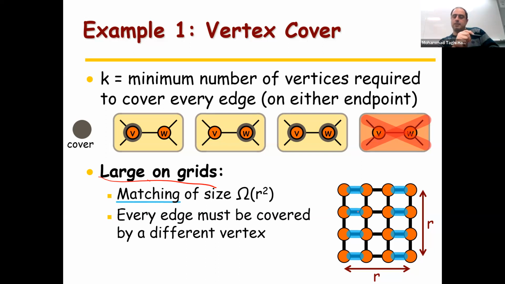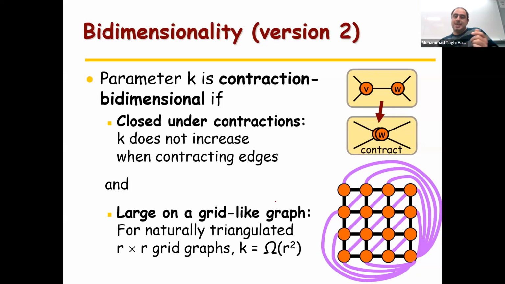So the size of the vertex cover is omega r squared. So it means that vertex cover is a bidimensional property. There is another one also. This is version 2.